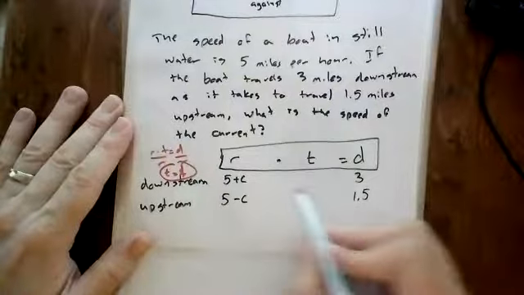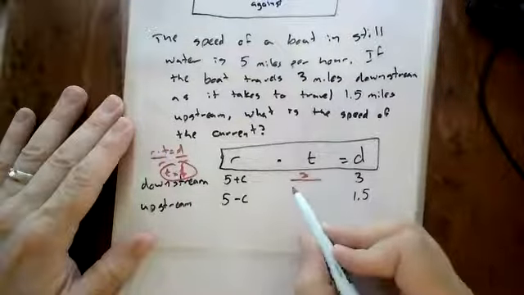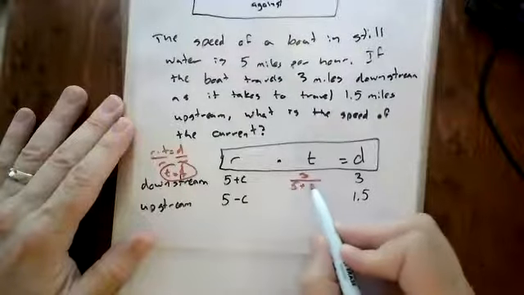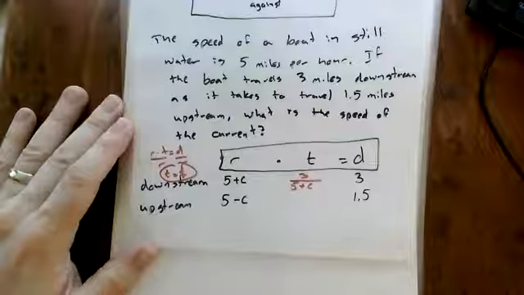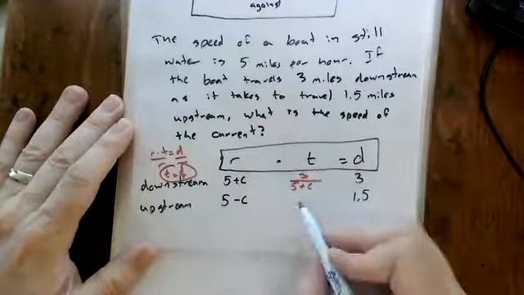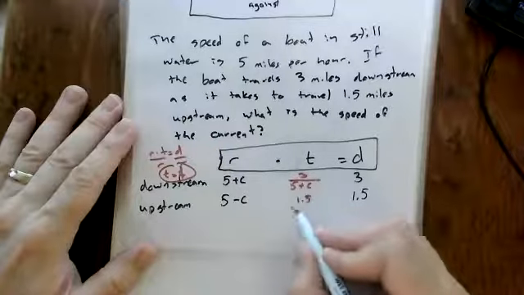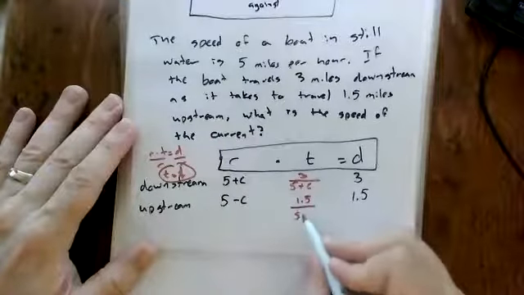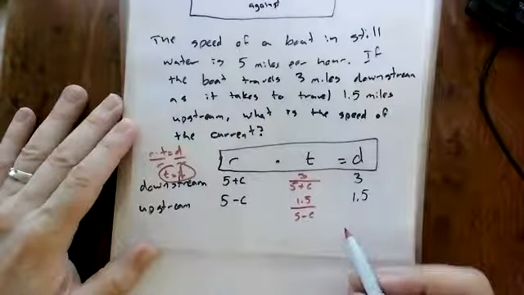So this time right here is going to be 3 divided by 5 plus c. And this time would be 1.5 over 5 minus c. It's the distance divided by the rate.